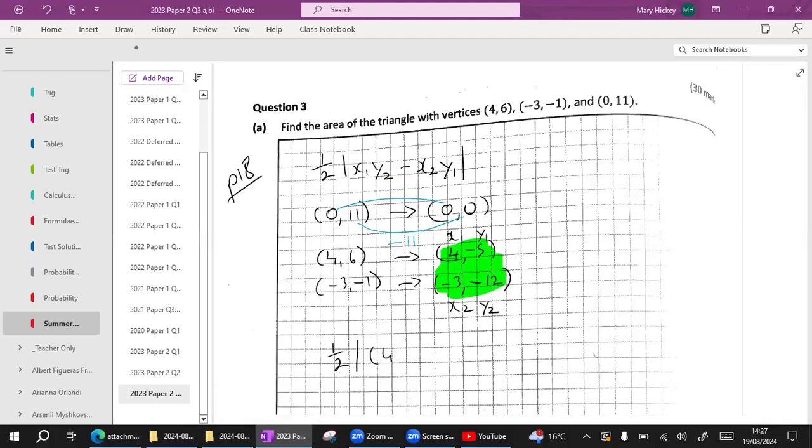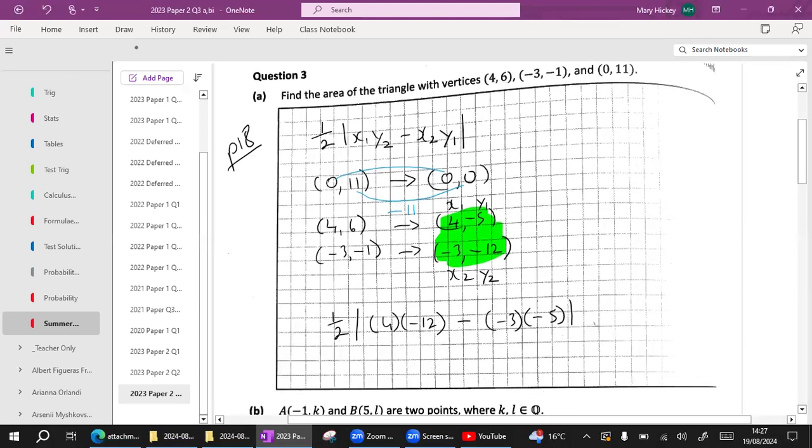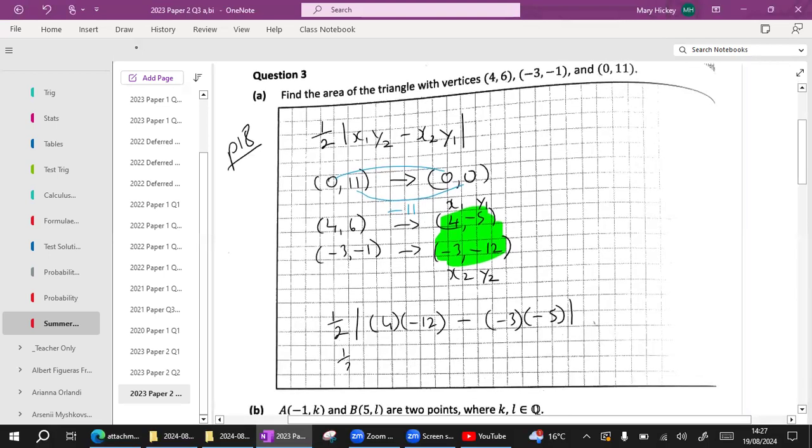So I'm putting in a 4, y2 is -12, minus x2 is -3, y1 is -5. I calculate this out to get my area. That's -48 minus, and that's going to be +15, so in other words, I have -48 minus 15.